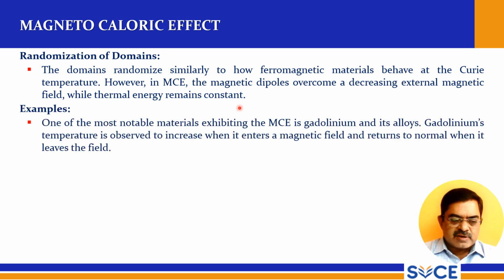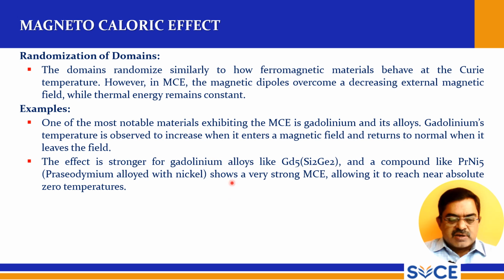Examples: one of the most notable materials exhibiting the MCE is gadolinium and its alloys. Gadolinium's temperature is observed to increase when it enters a magnetic field and returns to normal when it leaves the magnetic field.